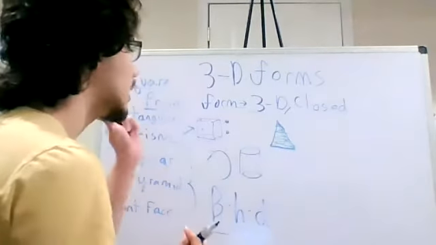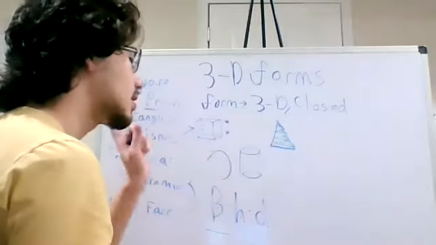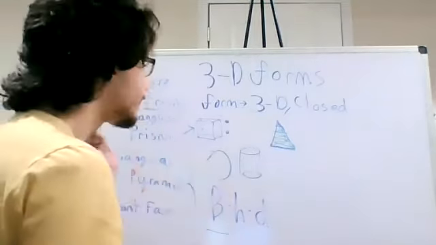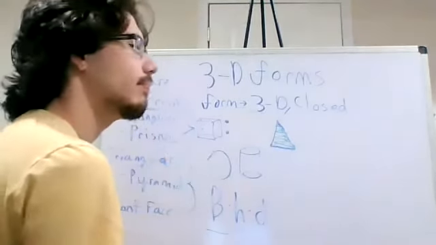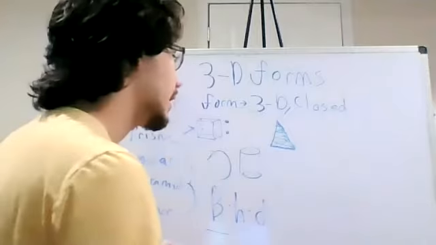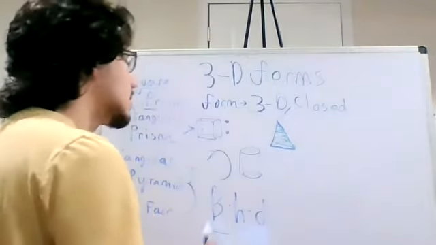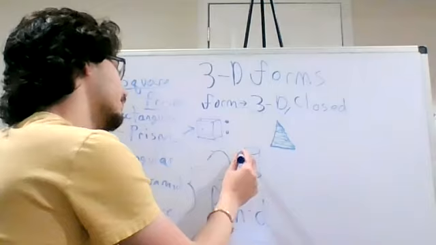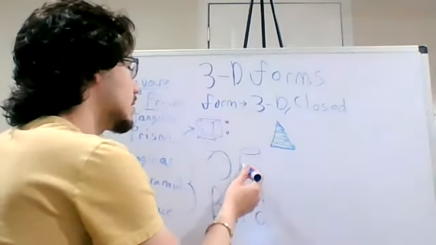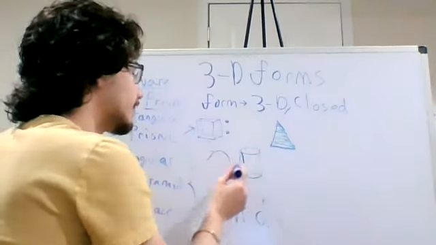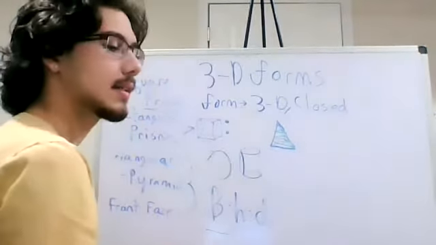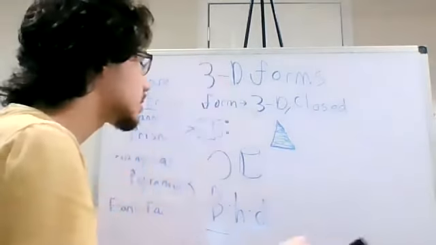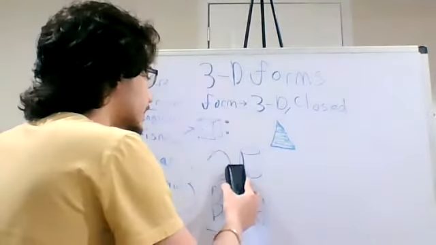We do not call it a circular prism, even though that would probably technically be correct in some ways. We call it a cylinder, and we can understand that it is merely a bunch of circles laid on top of each other.